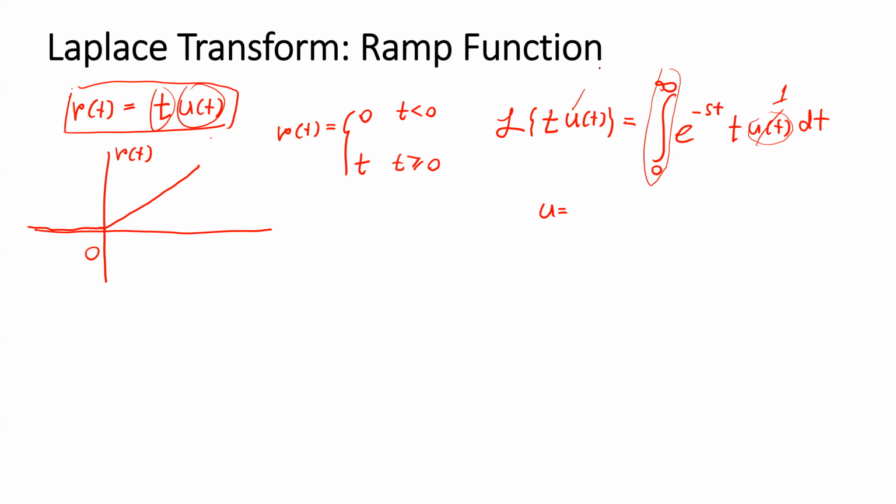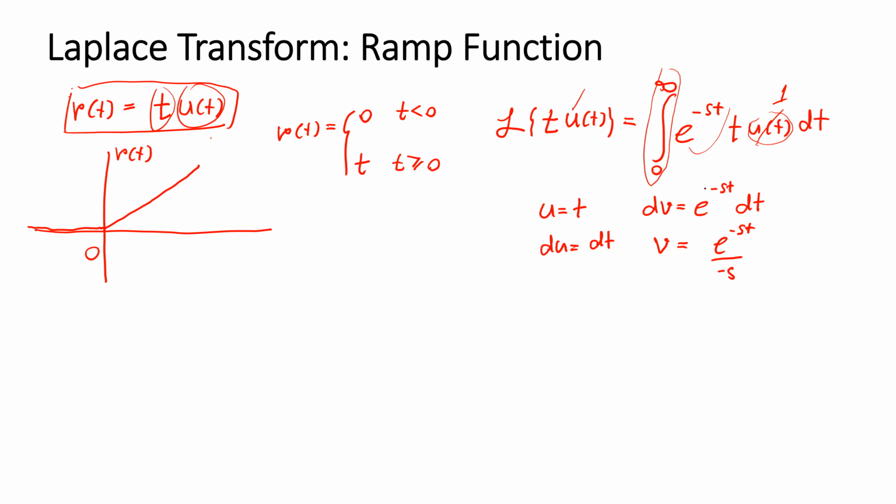Let's assume the u term is equal to t, which means dv is going to be e to the power minus st dt, and du is dt. v is going to be e to the power minus st divided by minus s, right?